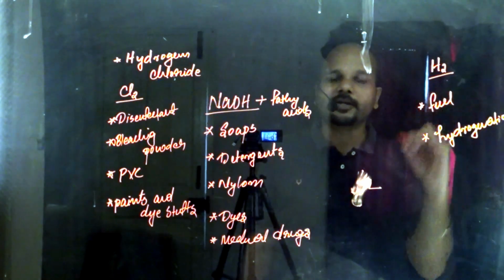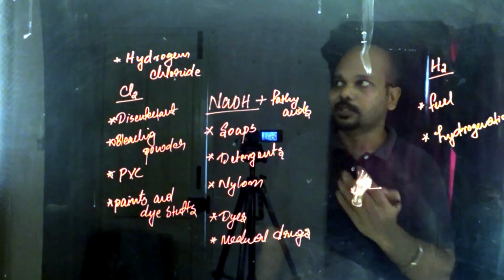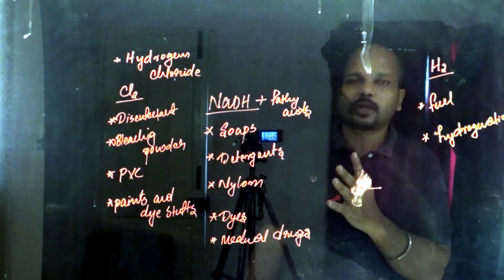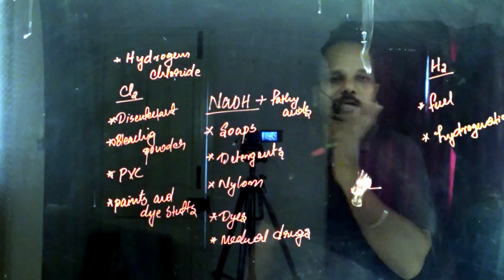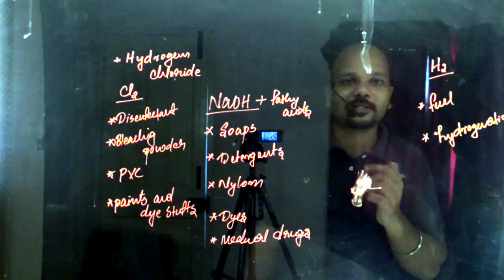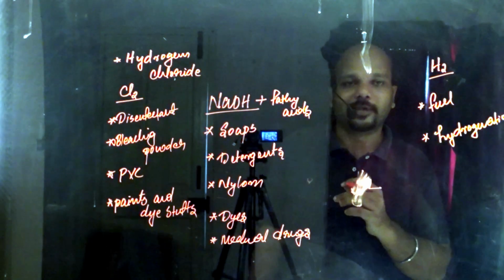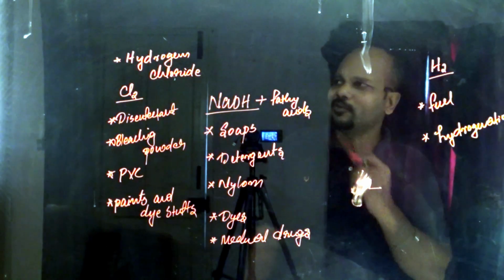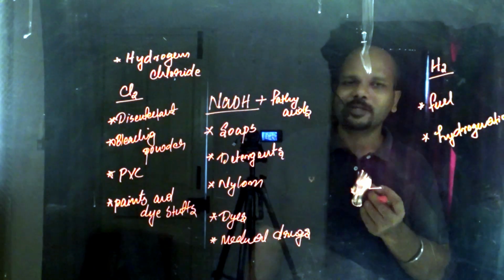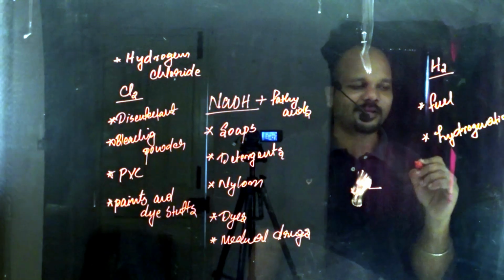Actually, hydrogen is a very strong explosive. See, if it explodes, the blast will happen exponentially. On the other hand, if you ignite petrol or diesel, how will it be? It will simply ignite. Nothing else will happen, right?